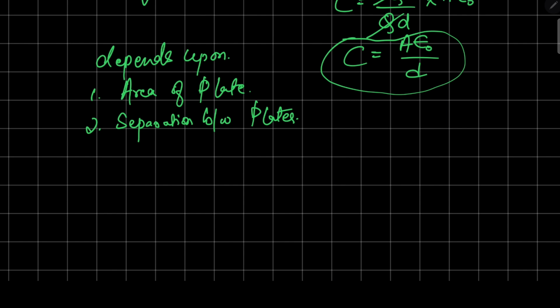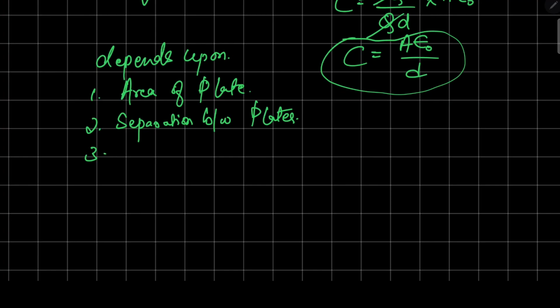If I increase the separation, the capacitance is going to decrease, because there is an inverse relationship between the separation and the capacitance. So if you take two plates away from each other, the capacitance is going to decrease, because the separation is being increased, and vice versa.